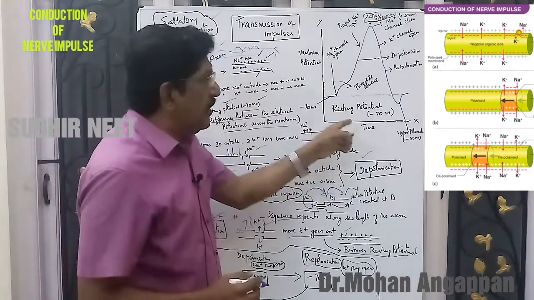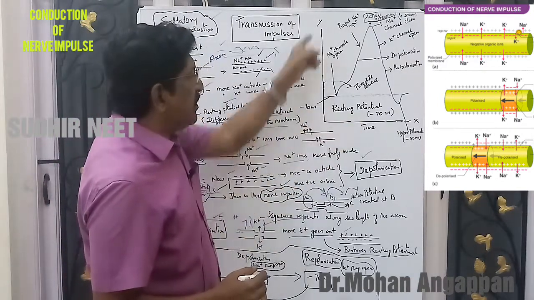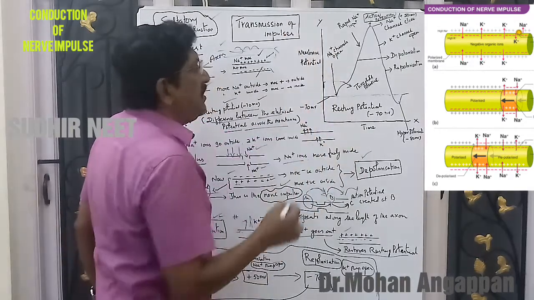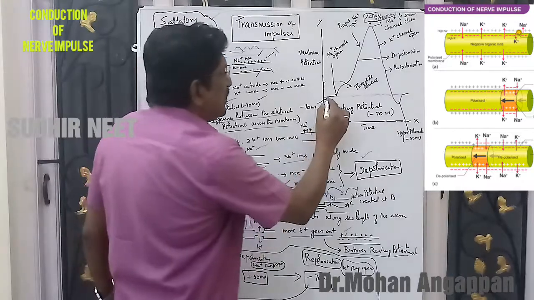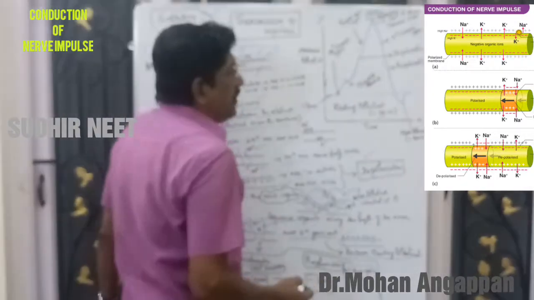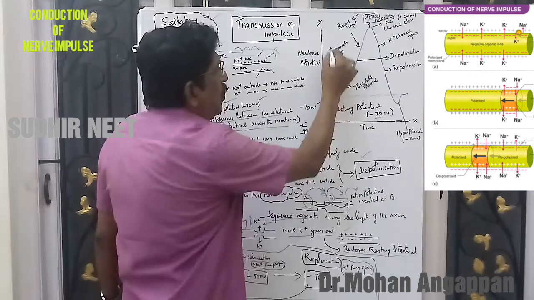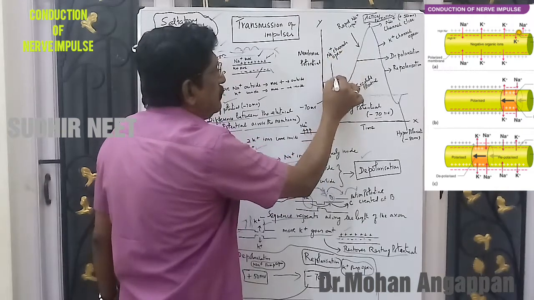This can be explained by a graph. You take the time on the x-axis and the membrane potential on the y-axis. You can see the resting potential here, minus 70 millivolt. Now, what happens at this stage? Sodium channels open.